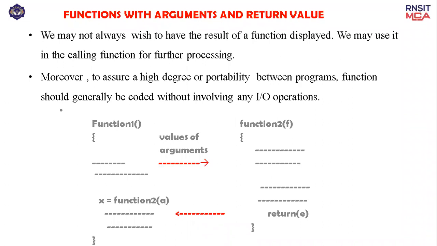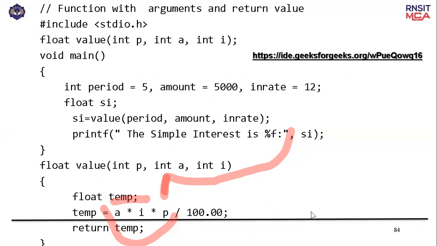So observe in this example, you are calling function 2 by passing some argument, and from function 2 some value is returned, and this returned value is stored in X. That means whatever argument is passed, A goes to F, and finally whatever value F returns, it comes to X. So there are arguments also, there are returning values also. Let us look at those examples in the next slide.